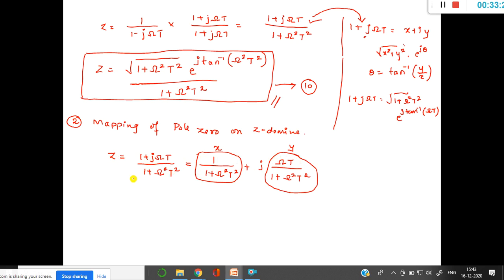Now we'll do a small exercise which helps me to understand the pole zero model, because of the obtained z value. Very important observation that we are supposed to make.